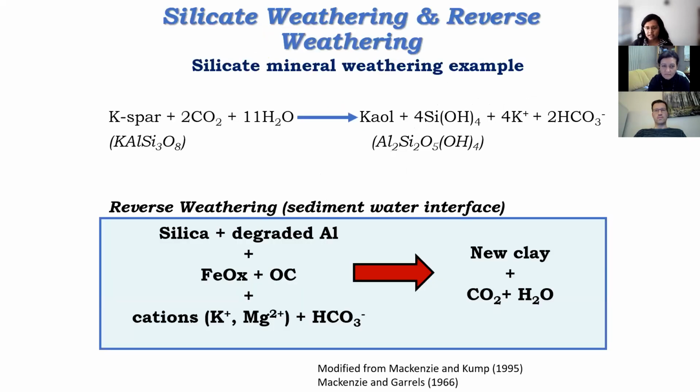And finally, once it does reach the seabed, you can have a series of reactions, generally termed reverse weathering reactions. And this is the formation of aluminosilicate phases at the sediment water interface. And the formation of these phases is going to impact the element budgets of your major chemical constituents of seawater, like potassium, magnesium, and also alkalinity.